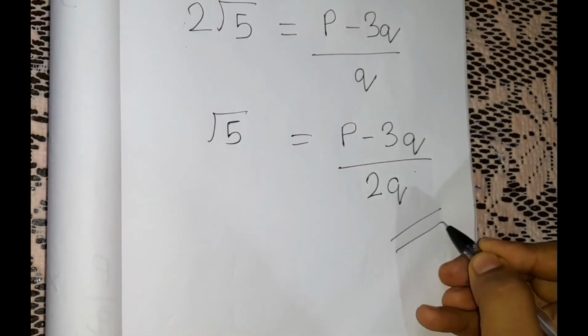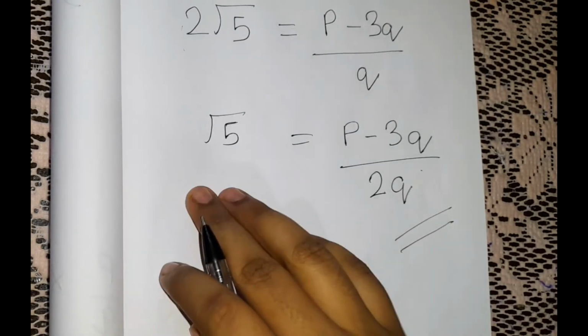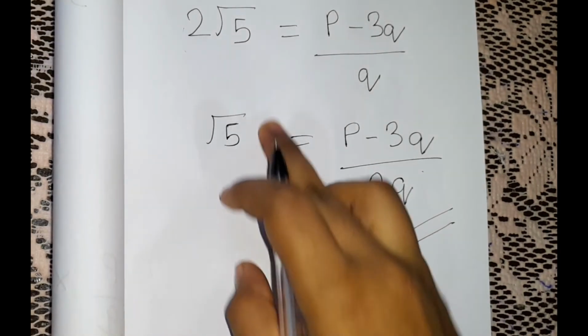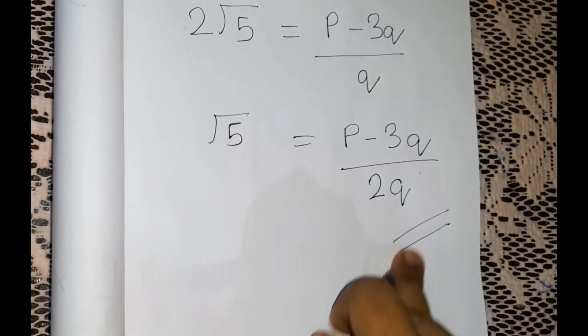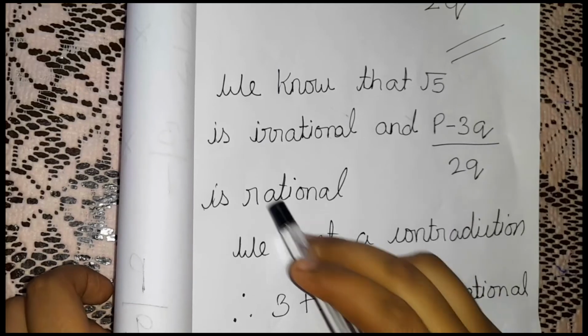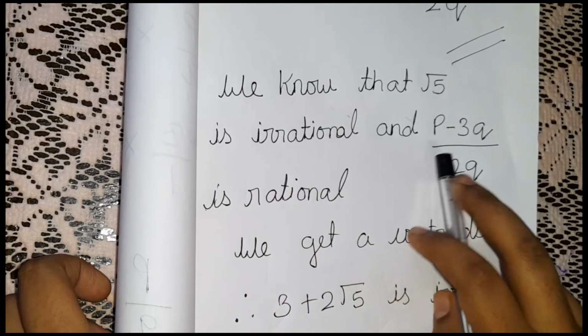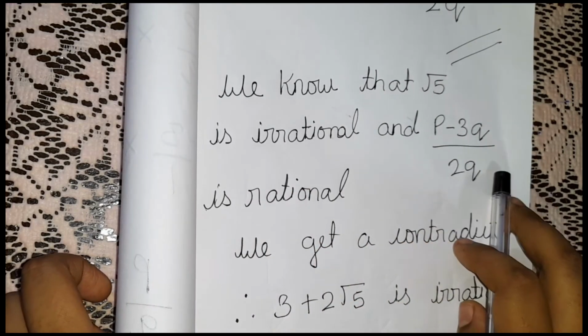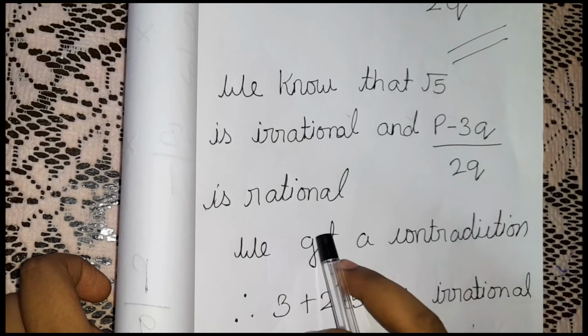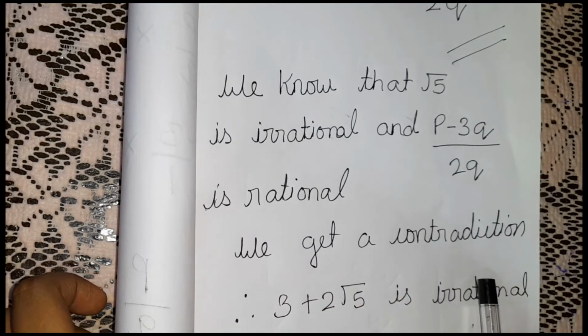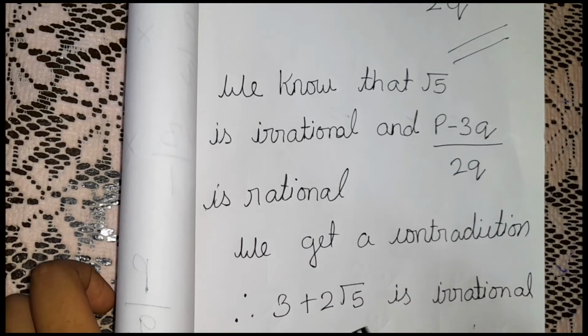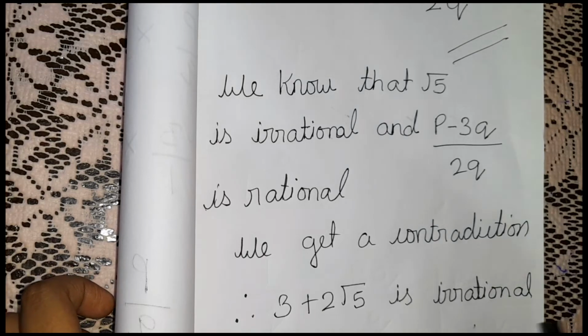Okay, this is somewhat tricky because we should find the root 5, and first we found the root 5 and then we are just solving it. We know that root 5 is irrational and p minus 3q divided by 2q is rational. We get a contradiction, therefore 3 plus 2 root 5 is irrational.